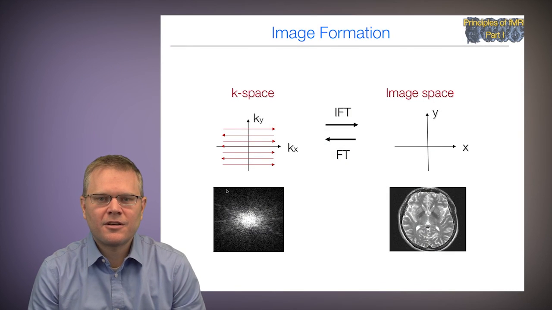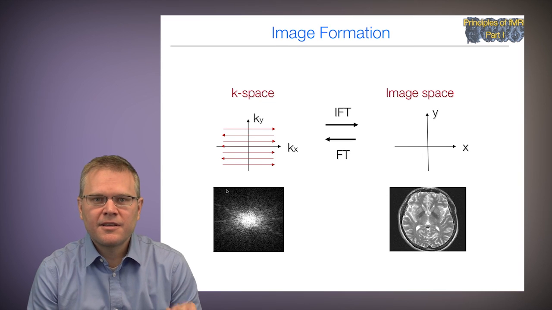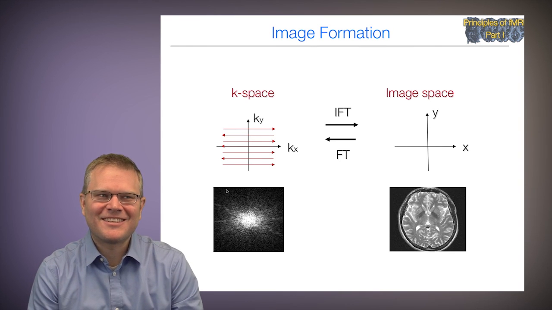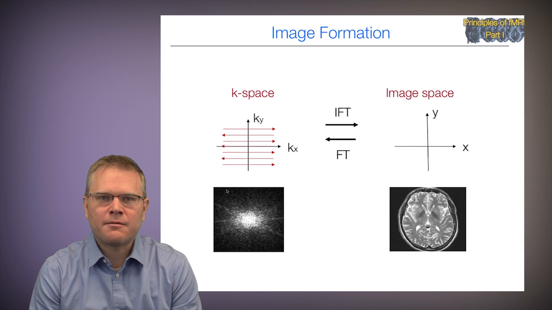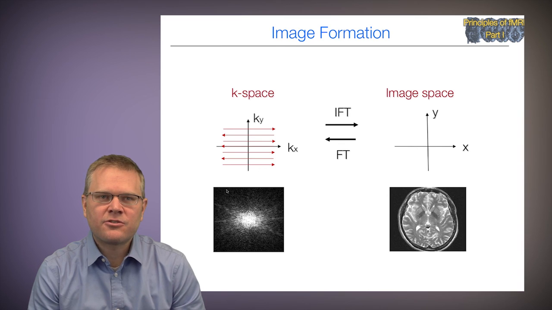This is a cool illustration showing that the measurements are very indirect. If you just look at the measurements by themselves, it looks like salt on a black table. But once we do the inverse Fourier transform and move into image space, we get this beautiful brain image. So this illustrates how we can use the signal from an MR scanner and reconstruct an image of the brain.